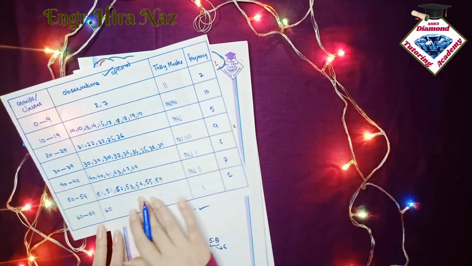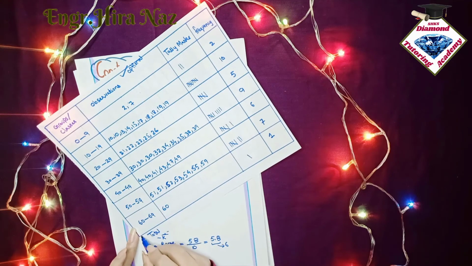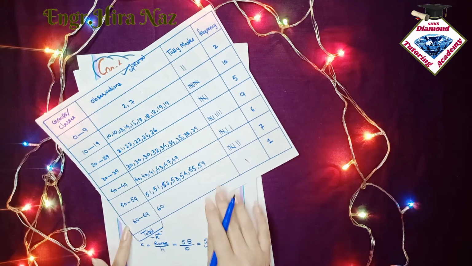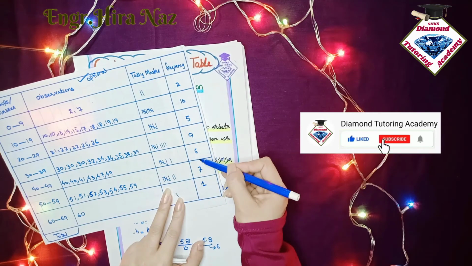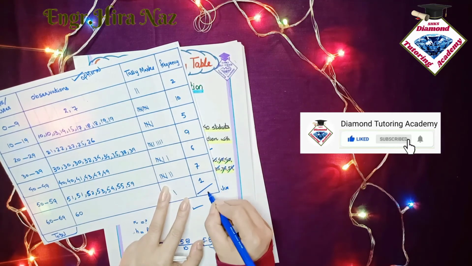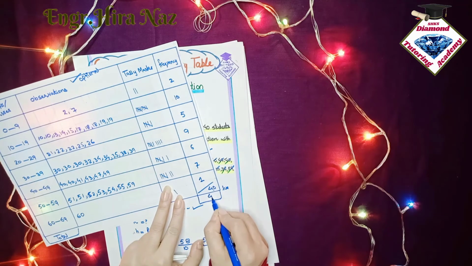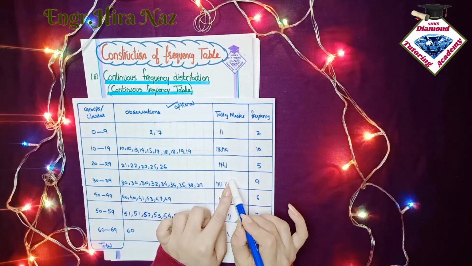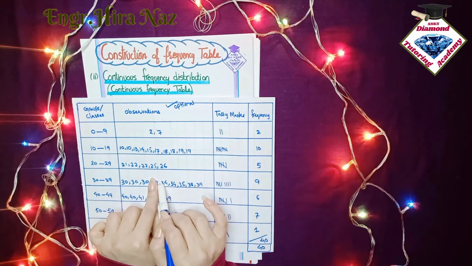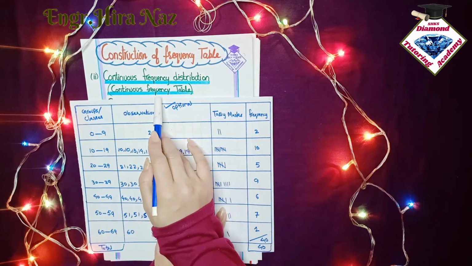We can make a column for total, and the sum of 2, 10, 5, 9, 6, 7 and 1 is 40, so we add 40 in this column. The tally mark column is usually used in spite of the observation column to construct the frequency distribution for the continuous case.